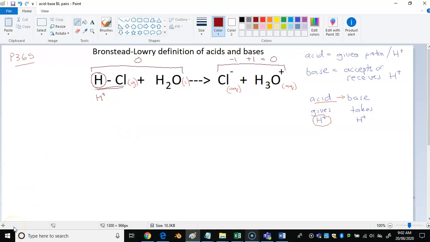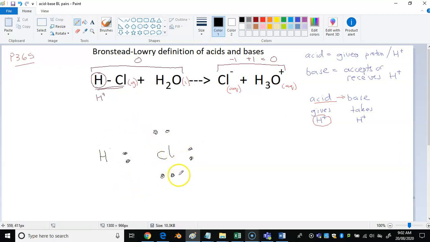electron dot form. Okay, so hydrogen has 1 electron and chlorine has 7 electrons in its outer shell, like this. And so HCl is a covalently bonded compound.